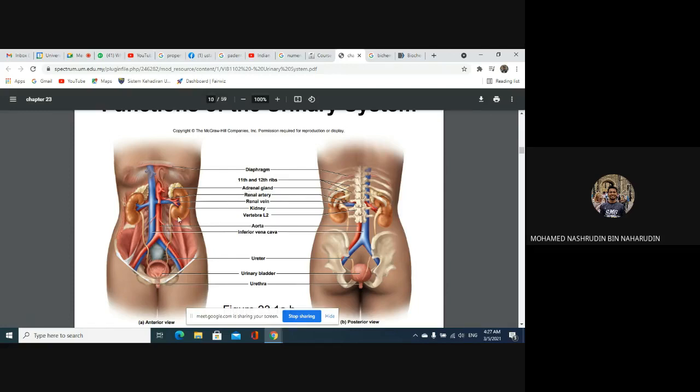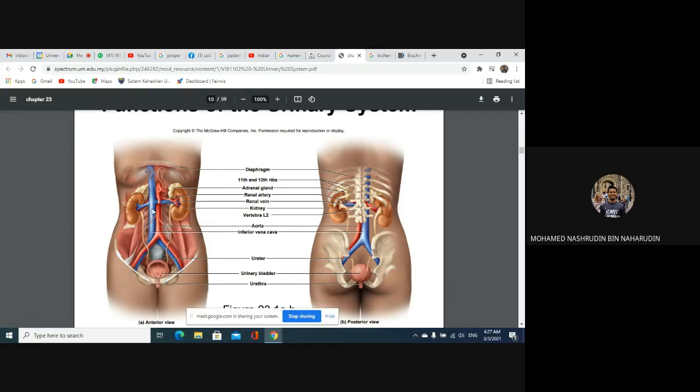The renal artery and renal vein attach, or branch, from the aorta and inferior vena cava.